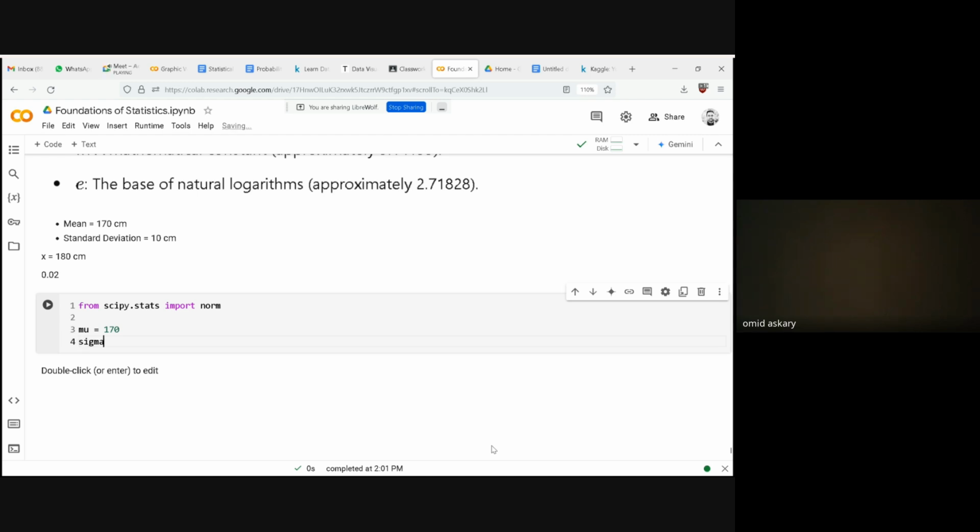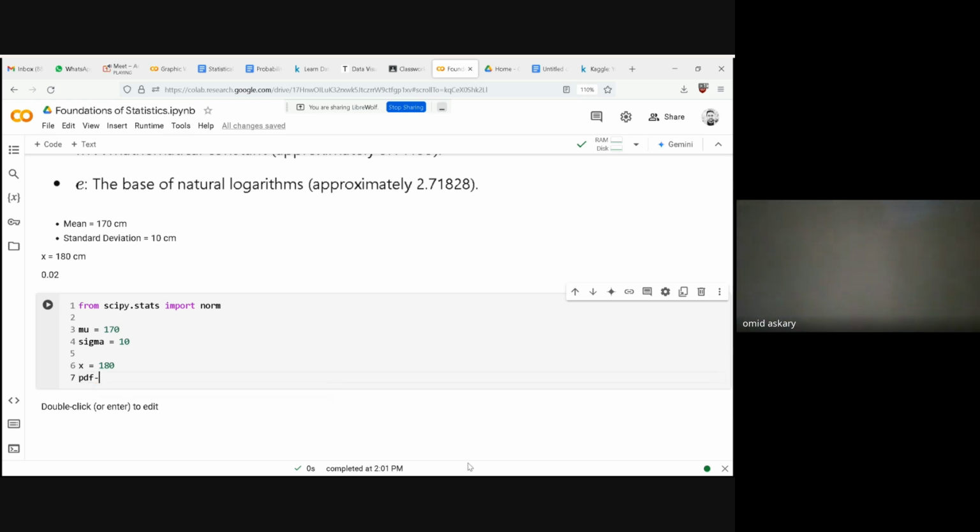Sigma, which is the standard deviation, is 10. You have to define that. And now we want to find x, which is 180 centimeters. And now we want to know the PDF value. So what will be the PDF value?